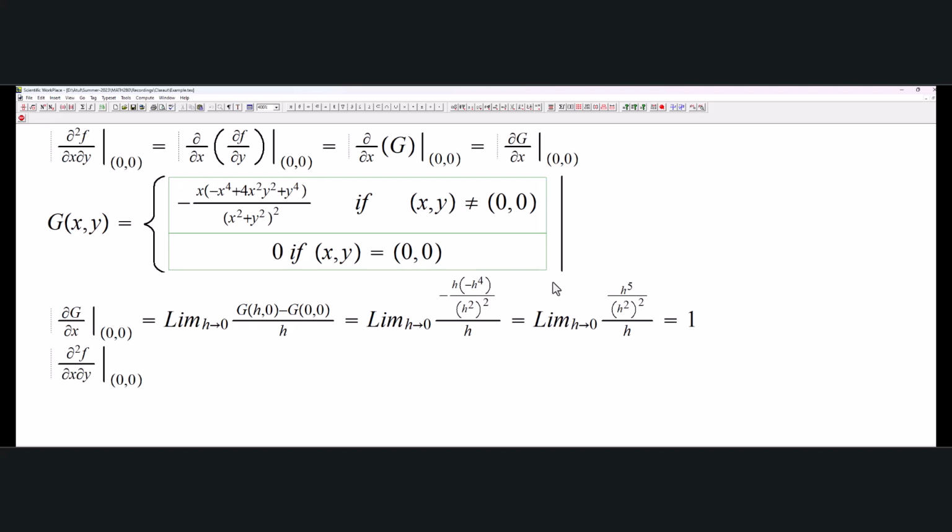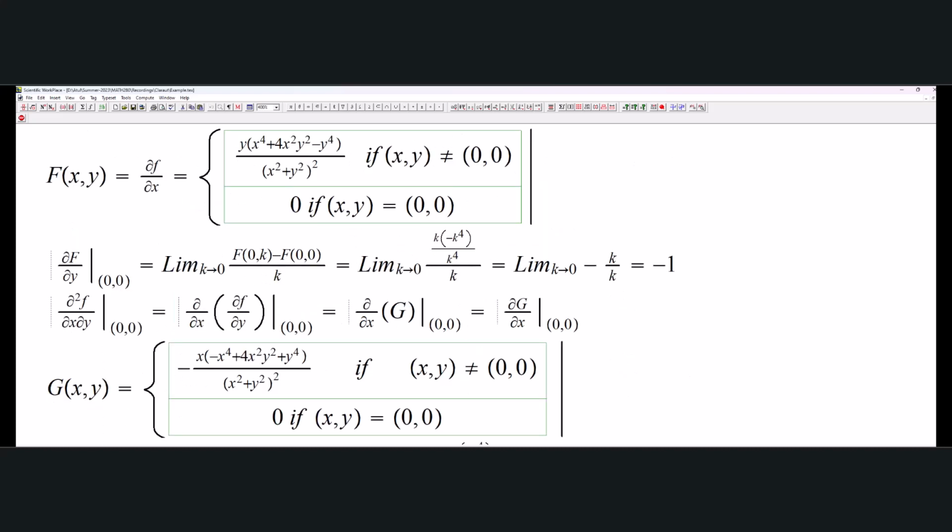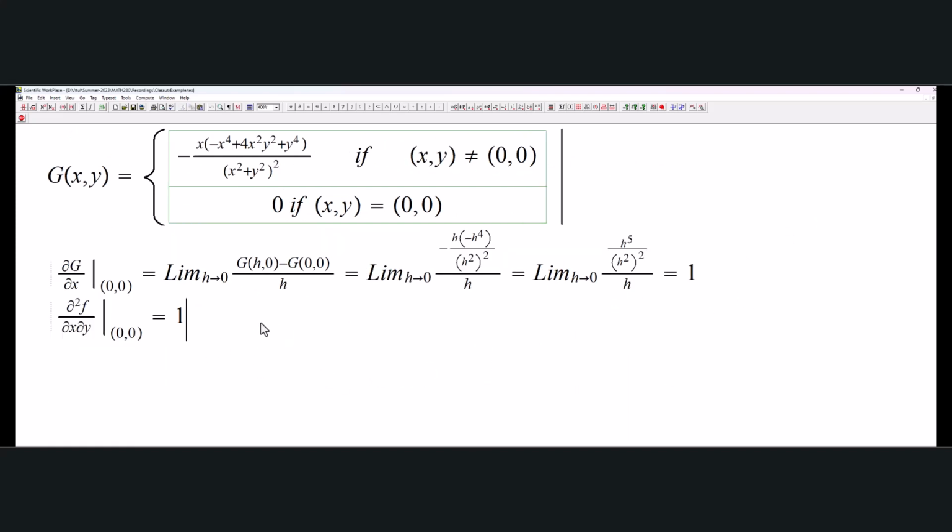So what we find is that the second derivative taken in this manner is how much? That's a 1. But we saw just a short while ago that if we go the other way around, it will be -1.